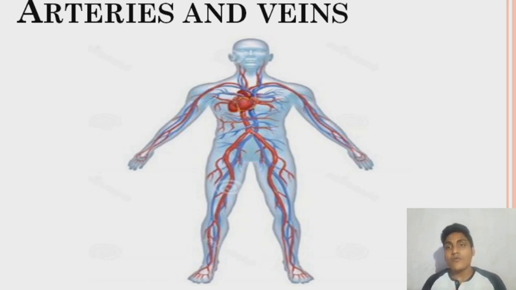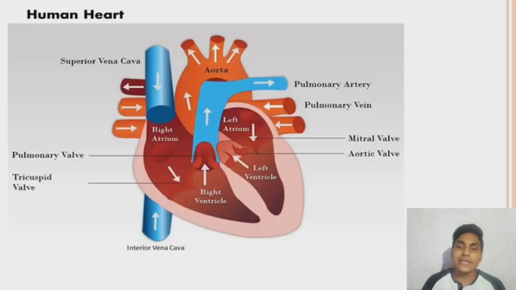Now we will discuss the proper circulation of the blood in our human body. How does the blood actually circulate? For that, let's take the diagram of the human heart. As we all know, the heart consists of four chambers: the right atrium, left atrium, right ventricle and left ventricle.